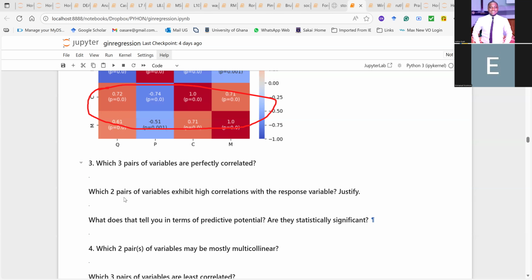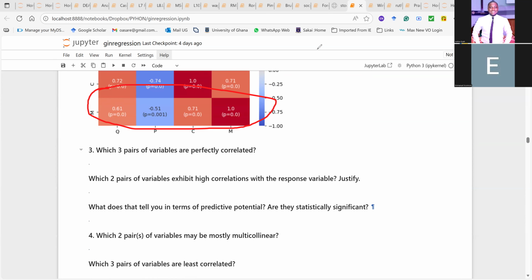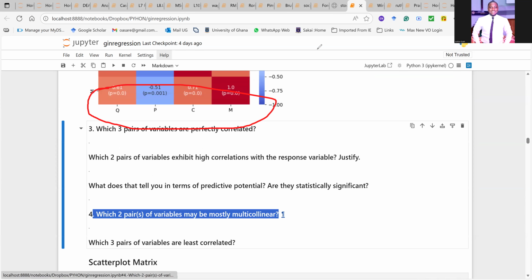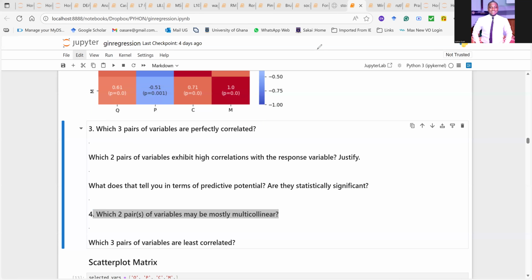Let's look at the last bar too. Which two pairs of variables are multicollinear? Yes, go ahead. So we are dealing with absolute values, right? Yes, you're dealing with absolute values, but when you are writing, don't forget the sign.